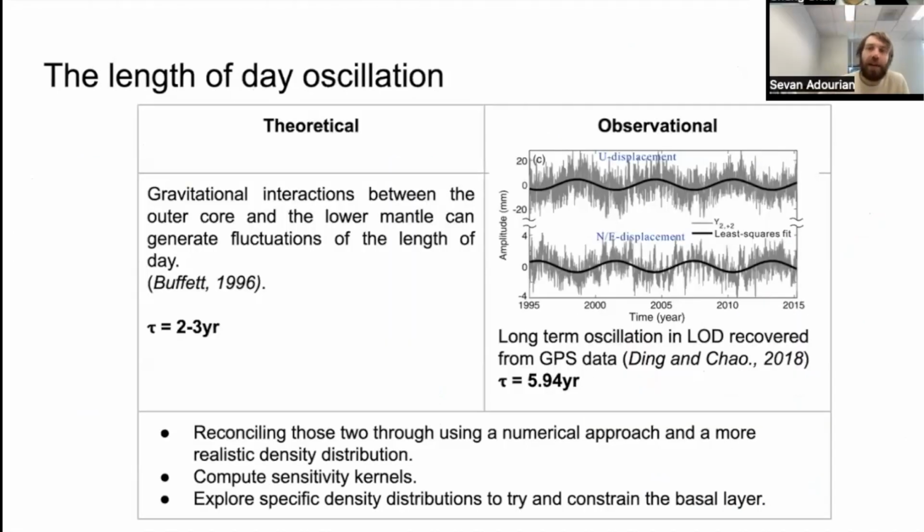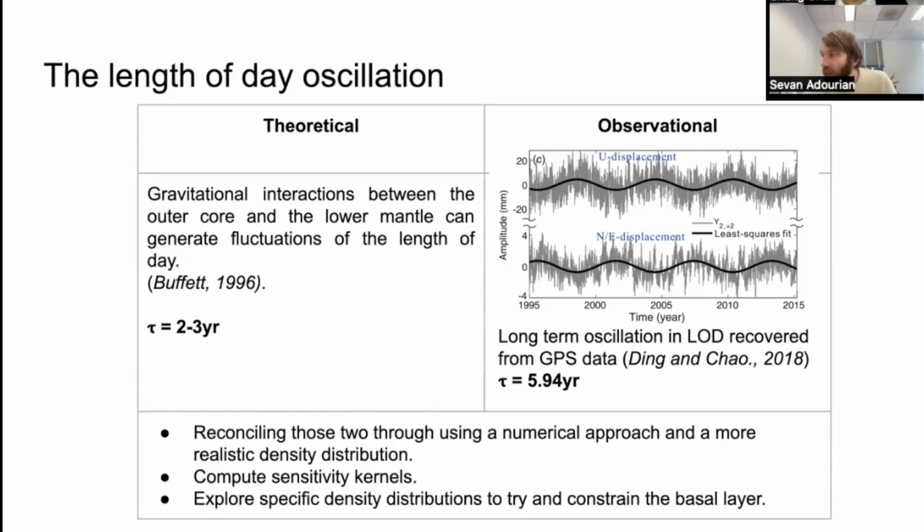And this is what some people have proposed: to use the rotational dynamics in order to infer the density, because the rotation is directly sensitive to the density and not sensitive to any other elastic constants.